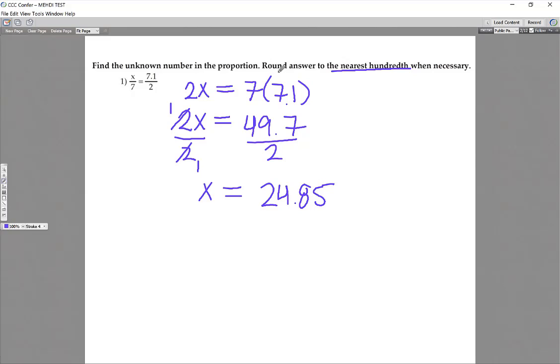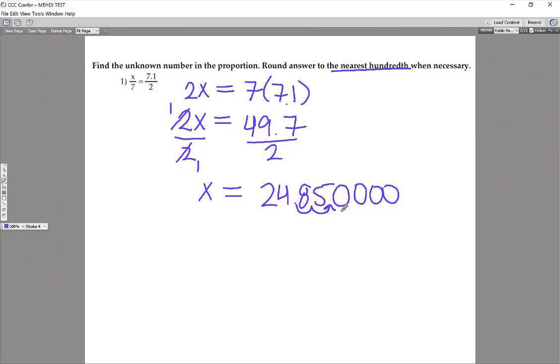The problem states to round the answer to the nearest hundredth. So the hundredths place, remember, we have the decimal point here. This is the tenths place, and then this is the hundredths place. So it's 2 places over from the decimal point. So this is the hundredths place. And following 24.85, we just have, I guess, zeros.